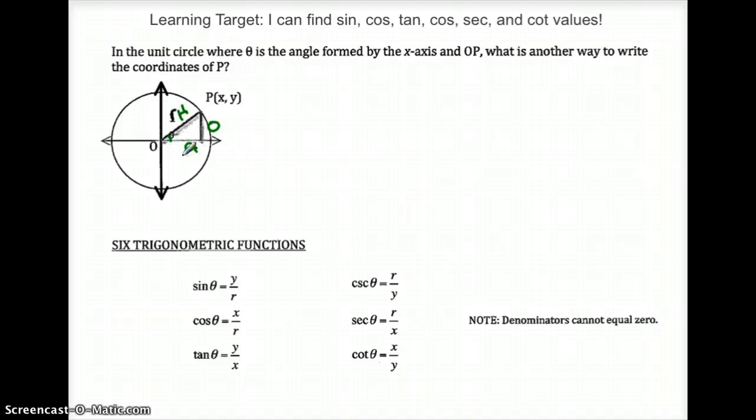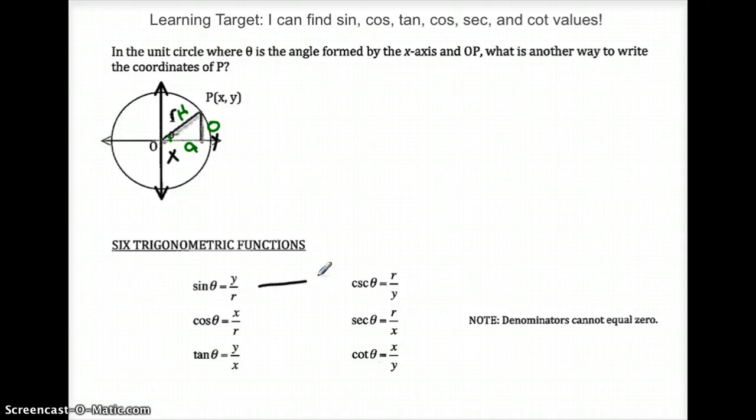If you think about this being the x value, the height of the triangle being the y value, and the hypotenuse being r, using the Pythagorean theorem like we did in a previous video to find r, we get these: sine value, y over r; cosine, a over h, so x over r; tangent, o over a, y over x. But here's how cosecant, secant, and cotangent work.